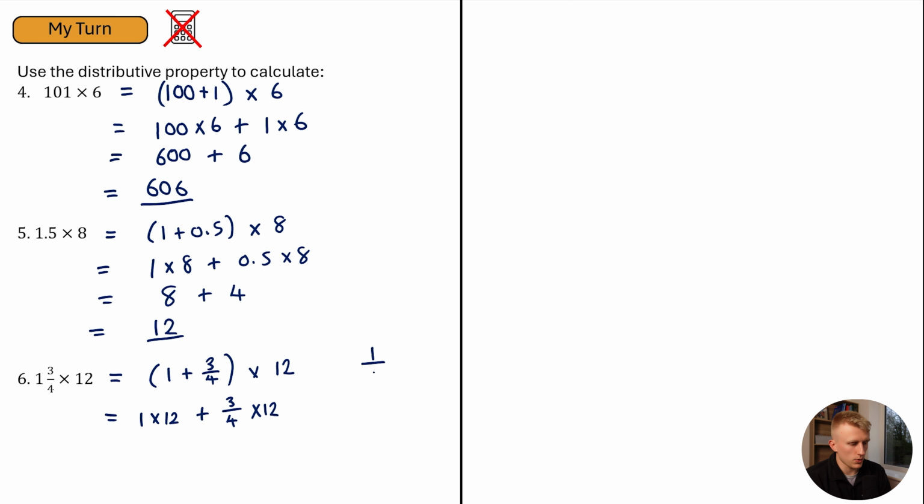Really quickly, 1/4 of 12 is 12 divided by 4, which is 3. So 3/4 of 12 is going to be 3 times that, which is 9. So coming back to our calculation, 1 multiplied by 12 is 12, and we've said that 3/4 of 12 is 9. So 12 add 9 is 21.